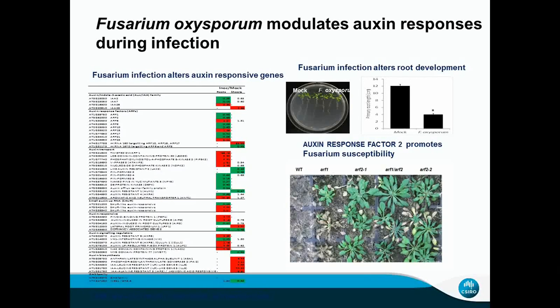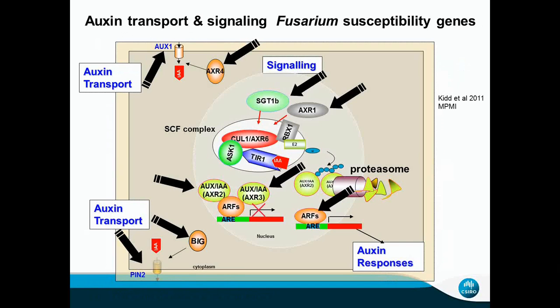We have tested a number of publicly available mutants in the auxin signaling pathway. As you can see here, all these arrows, when we have mutations in these genes, we get increased resistance, indicating that these wild-type genes provide susceptibility associated with all different auxin responses.